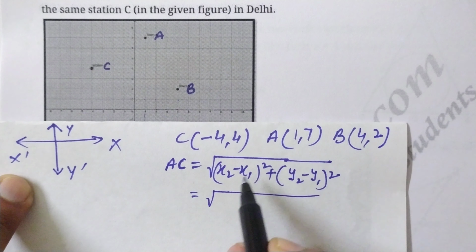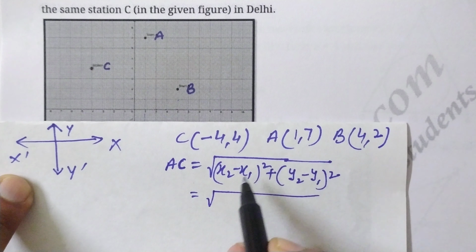Next question is, Seema and Aditya plan to meet at a location D, represented by the midpoint of the line segment joining the points represented by town A and town B. Then the coordinates of the point represented by D are what? So here we are to find out the midpoint of AB.